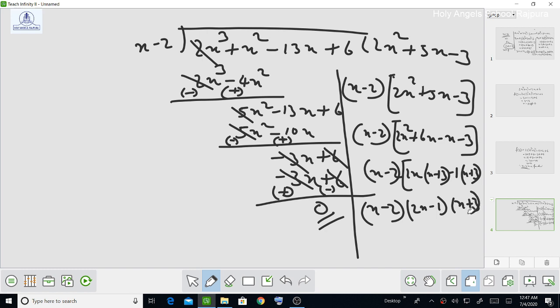So, the given polynomial has been completely factorized.